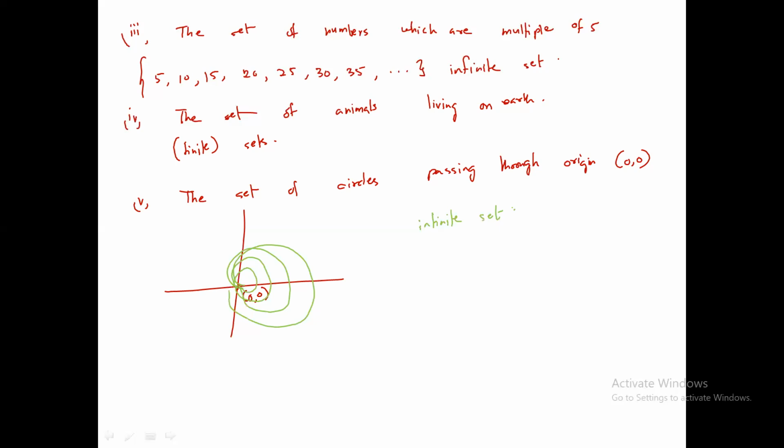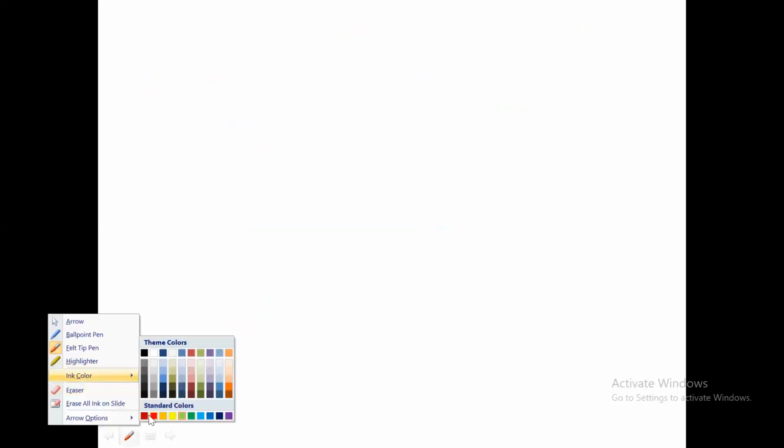Okay. Next question, fourth one. We'll go to the next page. Okay, question number 4. In the following, state whether A is equal to B or not.